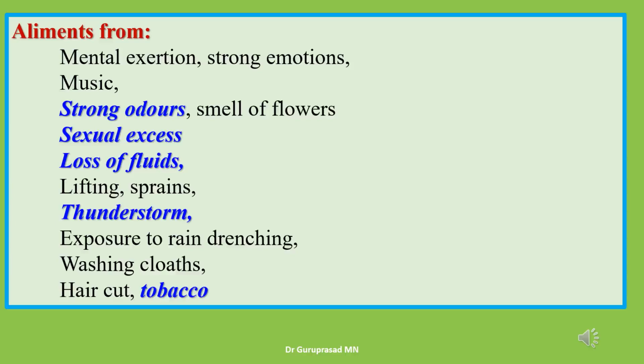They also get complaints from loss of vital fluids, from lifting, spraining, from thunderstorm, from exposure to rain or getting wet in the rain, after hemorrhage, from washing clothes, from haircut and from tobacco. These are a few of the etiological factors of Phosphorus for developing the complaints.